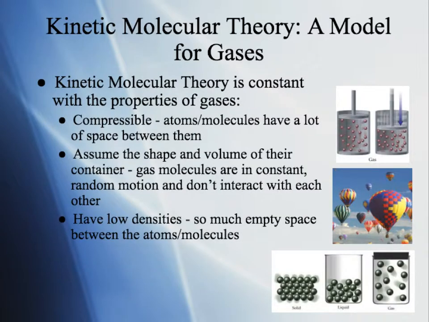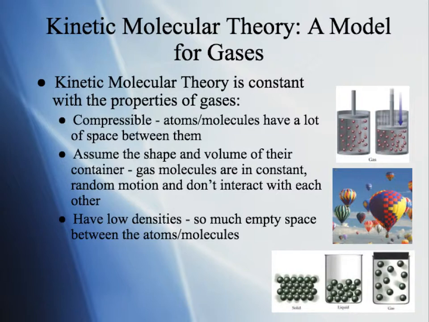All right, so let's dig deep. This kinetic molecular theory is consistent with the properties of gases that we know and we can observe. So gases we know are compressible. The atoms and molecules that make up a gas have a lot of space in between them. All right, that's what one of our assumptions for the kinetic molecular theory stated. And if there's lots of space in between them, then that space can be removed easily and we can squish those atoms and molecules closer together.